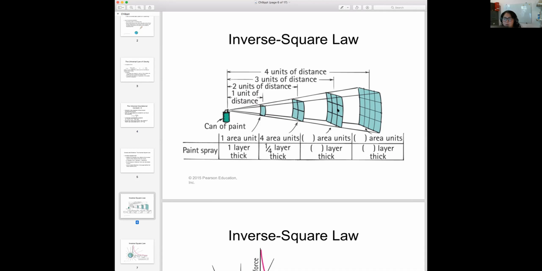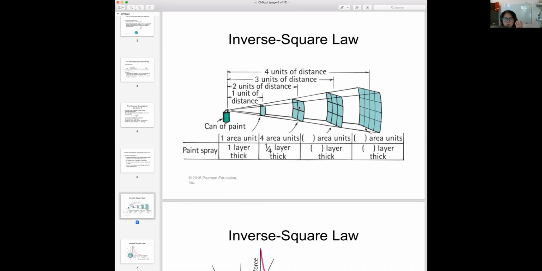When you go 3 times the distance away, it's not that you need 3 sheets. Now you need 9 sheets to cover the whole spray, and the saturation decreases by 1/9. And you go 4 times the distance, then it becomes 1/16, right?